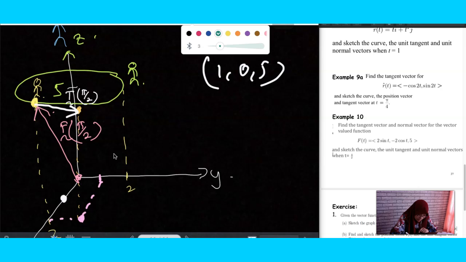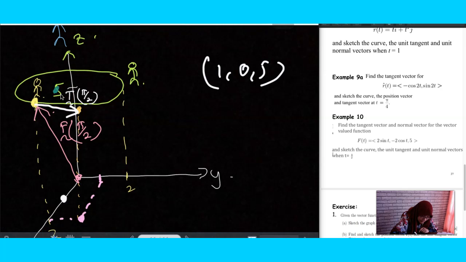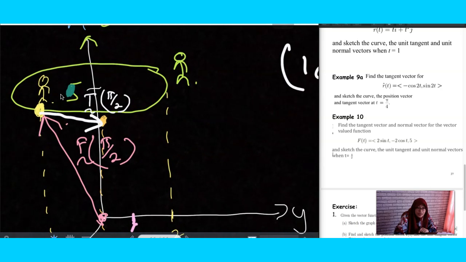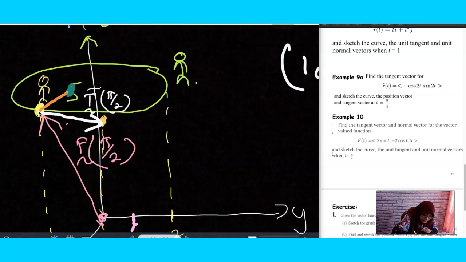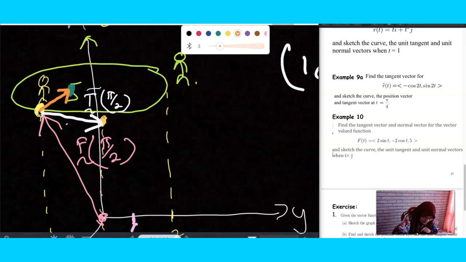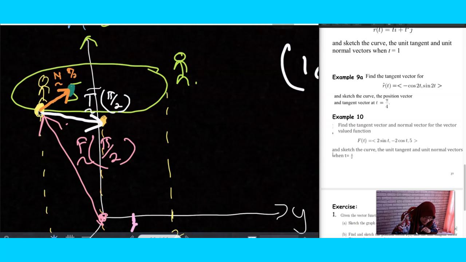So 1, 0 is here, and then you project along the 5, so maybe over here. So that is your point now, and then put the arrow, and the arrow should be not from the origin down here, but starting from your position over here. So you draw a line pointing to that point, and that is your n, the unit normal n at pi over 2.